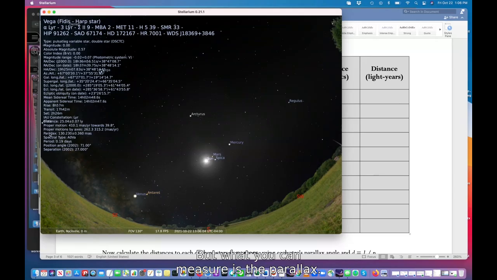But what you can measure is the parallax, okay? So the two data points that you can measure are the apparent magnitude here and the parallax angle here, okay? So you see a magnitude of 0 and then a parallax of 130. And notice this, MAS, 130 MAS.